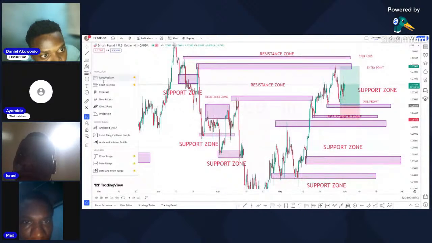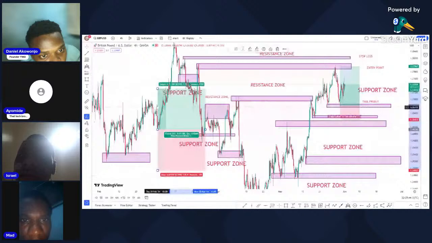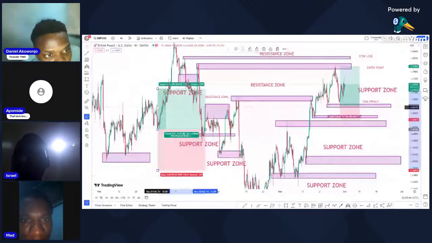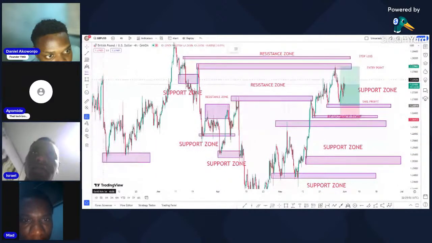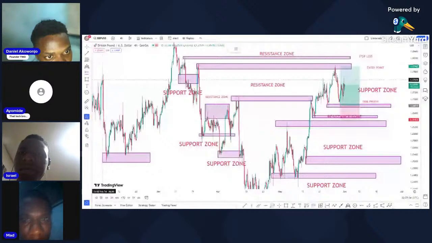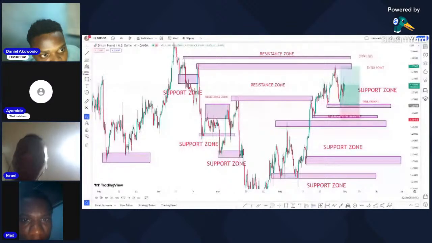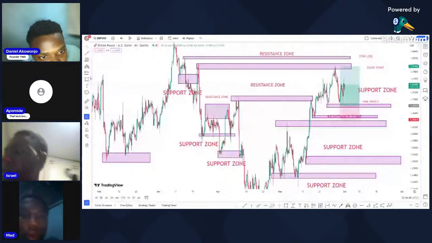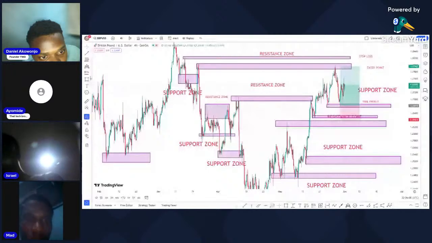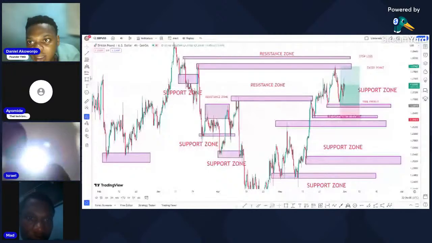Once you click on long position, just click and it draws automatically. I click on short, I go to my entry point, wherever I want to enter, and once I click on that entry point, it draws. Practice will make you perfect. That's that.